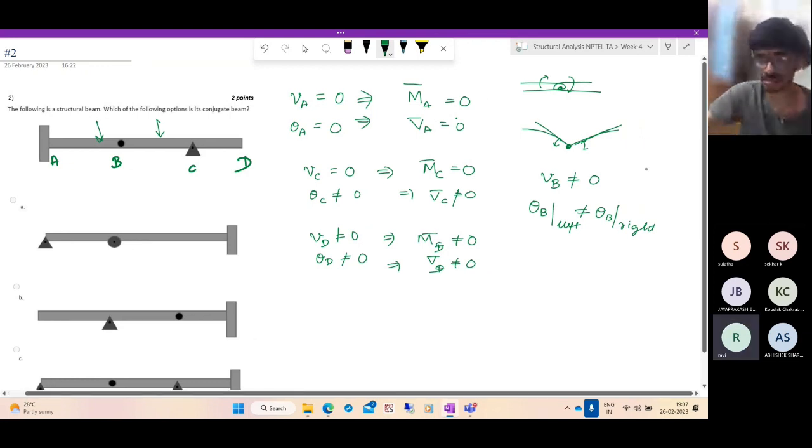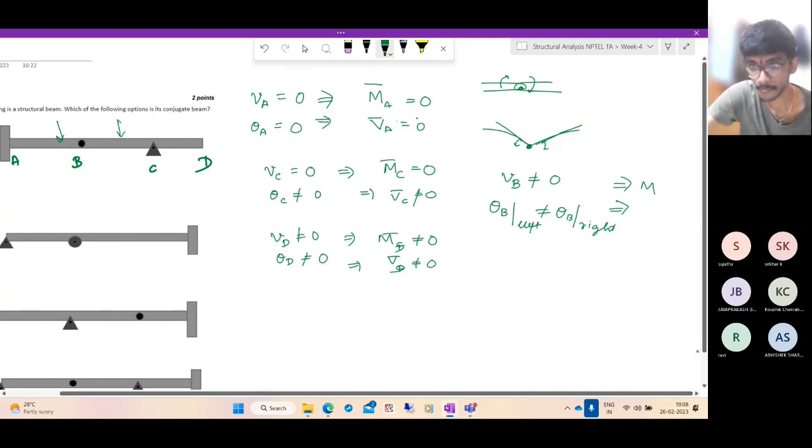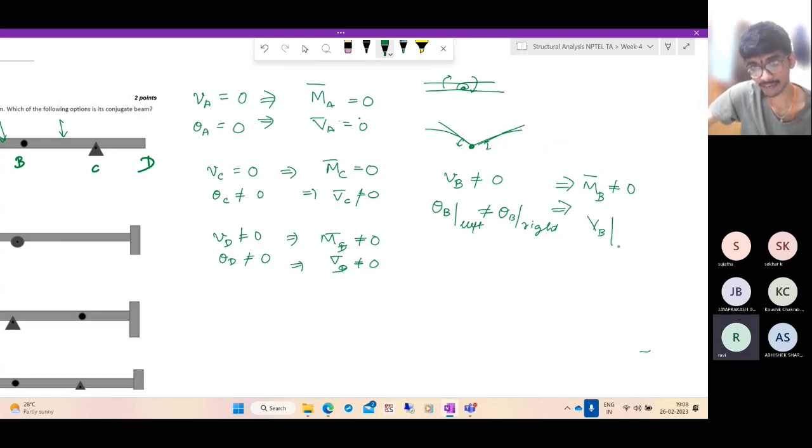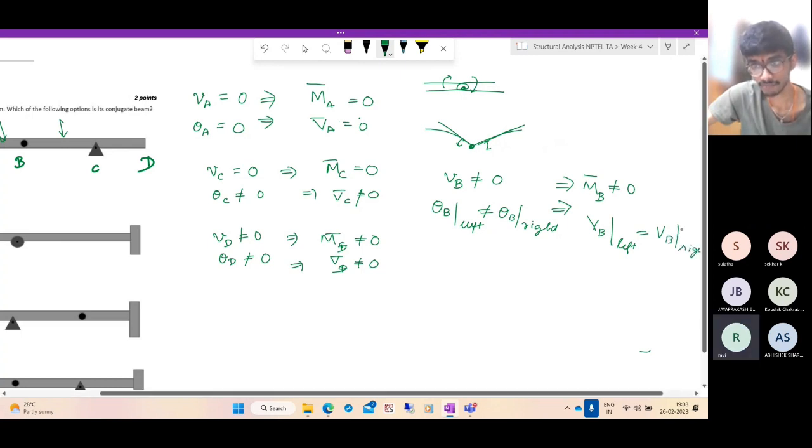Now let us transfer it to the conjugate beam and see what it corresponds to. This means that the moment at point B on the conjugate beam is not 0, and the shear force to the left and the right of point B on the conjugate beam are not the same.